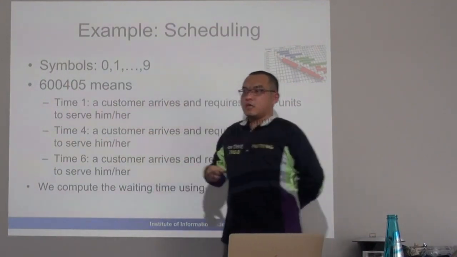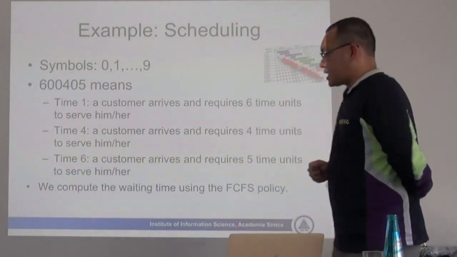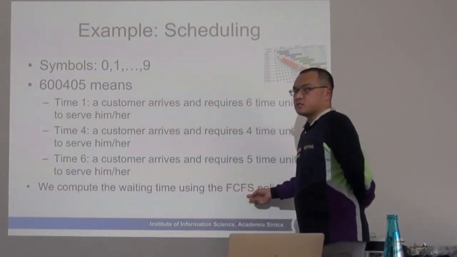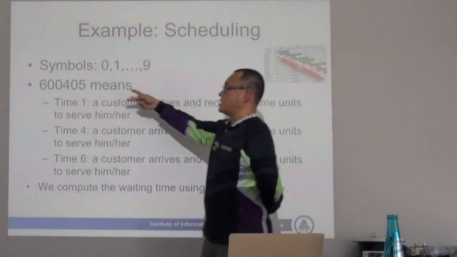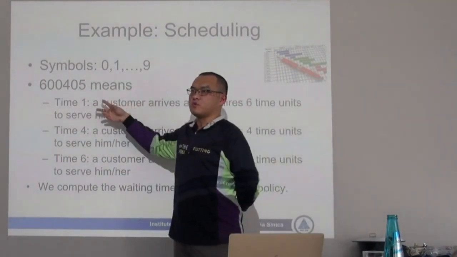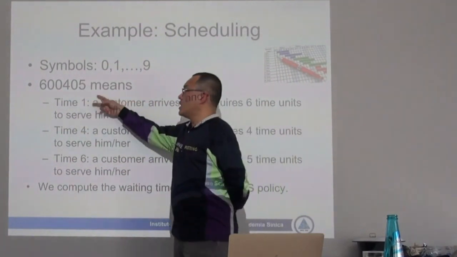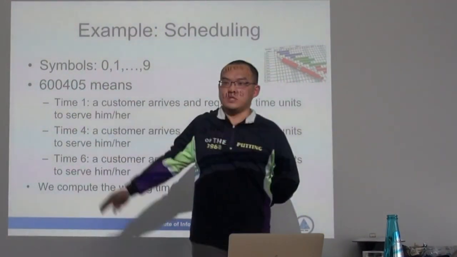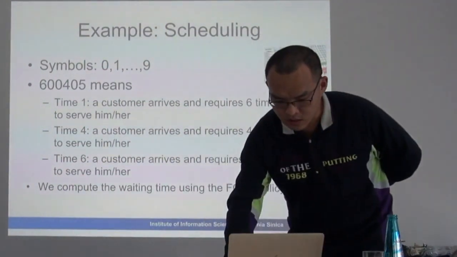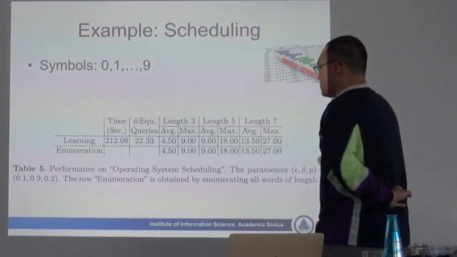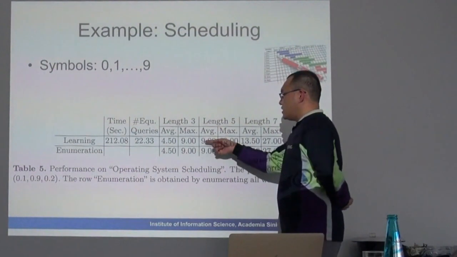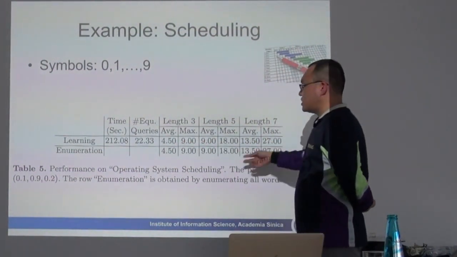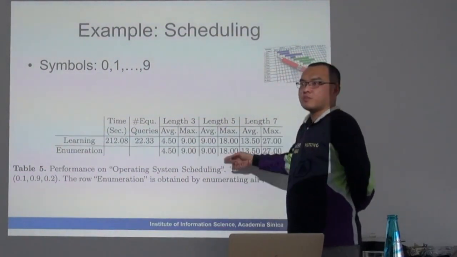I want to compute the waiting time using a first-come-first-served policy. Given a string like this, I have a very simple program to compute the average waiting time for this kind of input string. So this is the result: the result obtained by my model exactly matches the result obtained by brute-force enumeration.